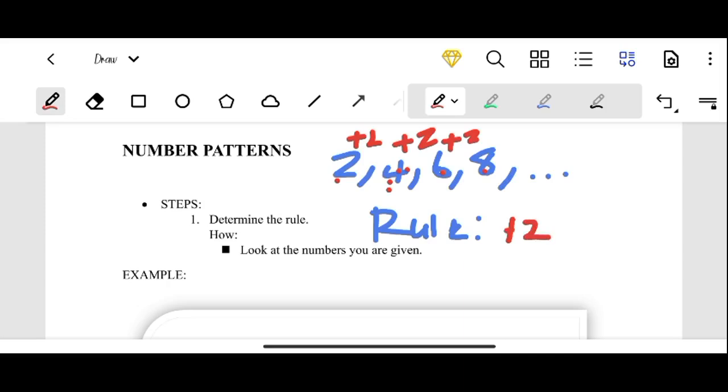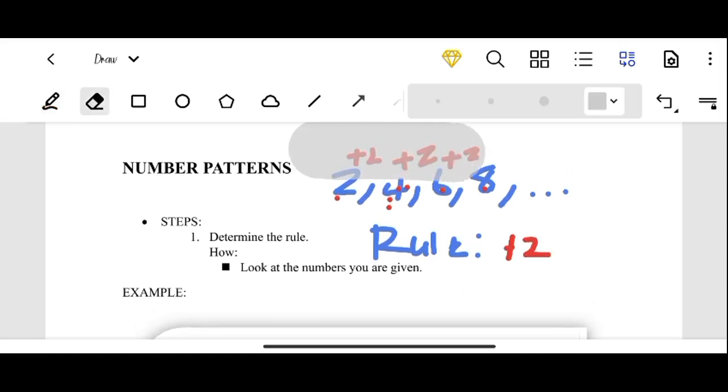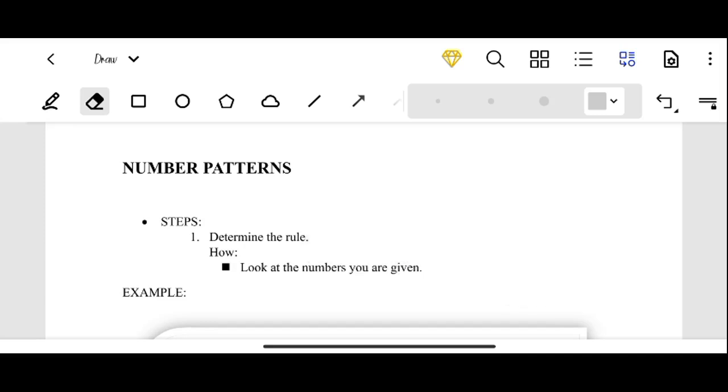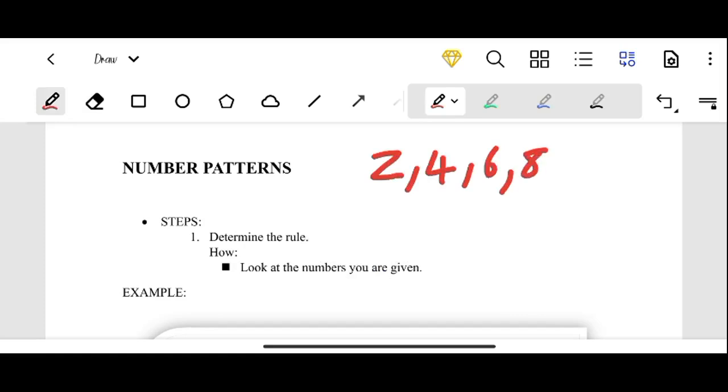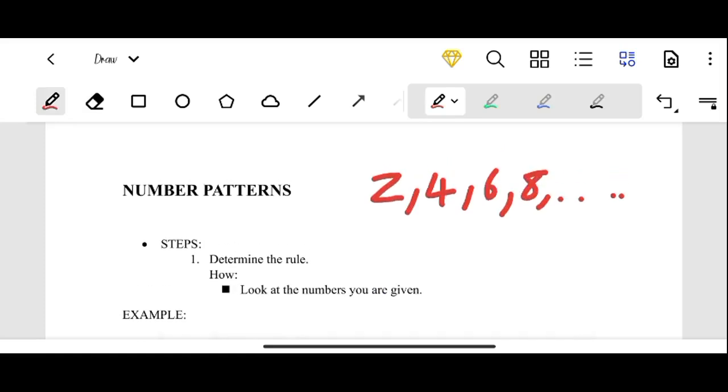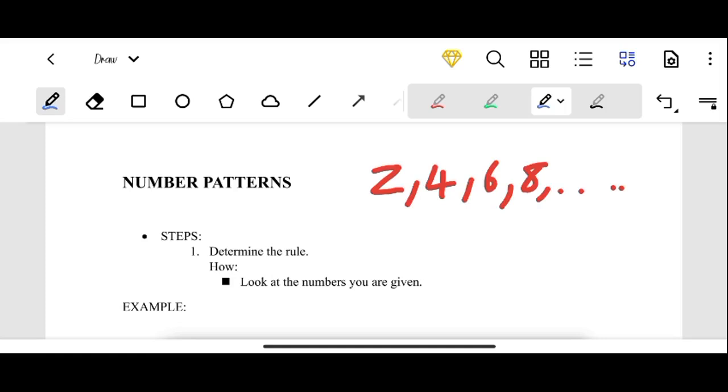Okay. So another way to determine the rule for something like this, you can simply say, okay, I removed everything. So we still have 2, 4, 6, 8. Because 2 is number 1, 4 is number 2, 6 is number 3, and 8 is number 4. Determining the rule: if I say 1 multiplied by 2, I'm going to get a 2.